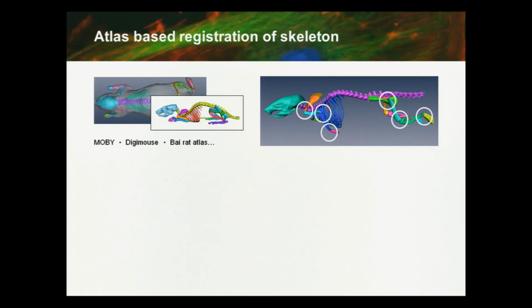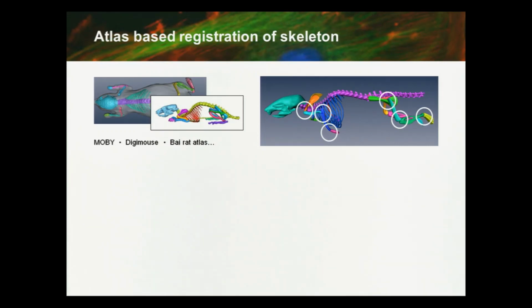So that's exactly what my colleagues, Boudewijn Lelyveld, who will be talking next year in this session, have worked on. They combined a couple of mouse atlases, which describe for each bone what it is and what the degrees of freedom are between the bones, so the degrees of freedom in the joints.